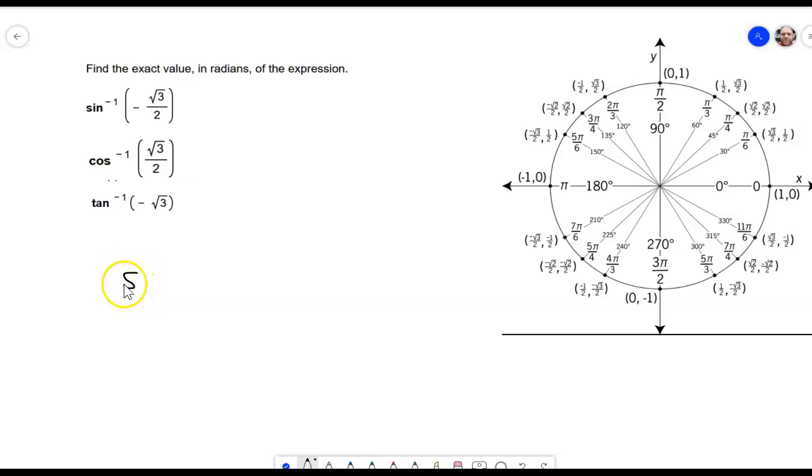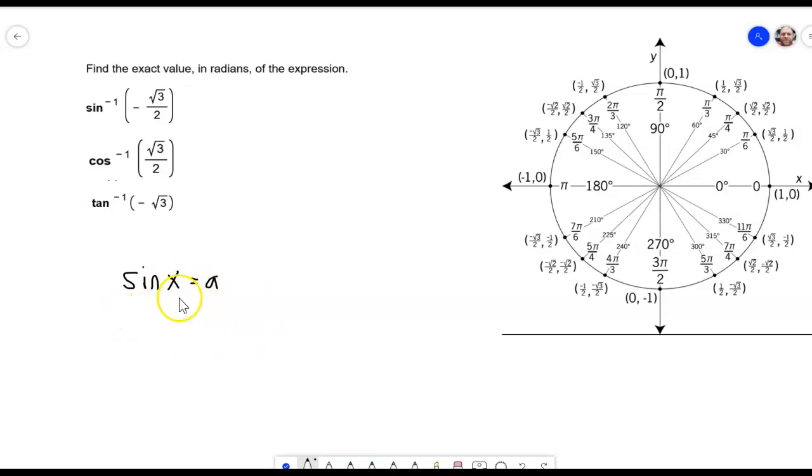So if I have the sine of some angle, let's call that angle x, is equal to some value a, right?